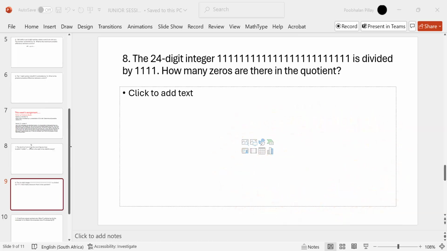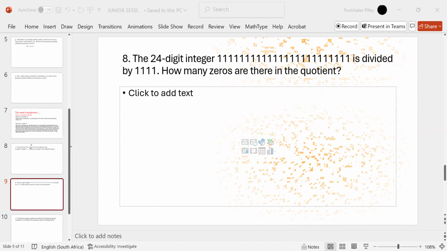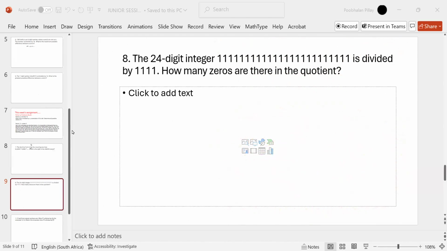Okay, here you've got a 24-digit integer. Oh, there's millions of ones. Okay, it's got 24 digits. It is divided by 1111. A long time ago, I did this problem with a group of teachers, and they couldn't, for the life of me, solve it.